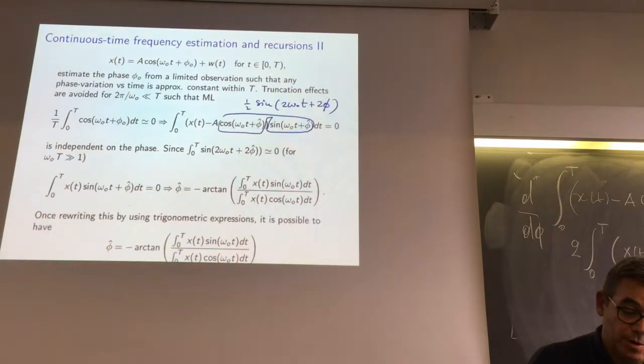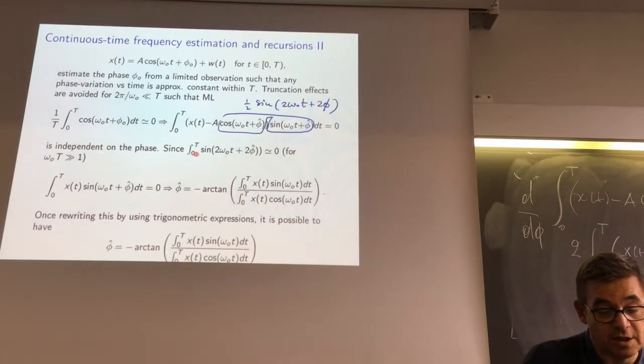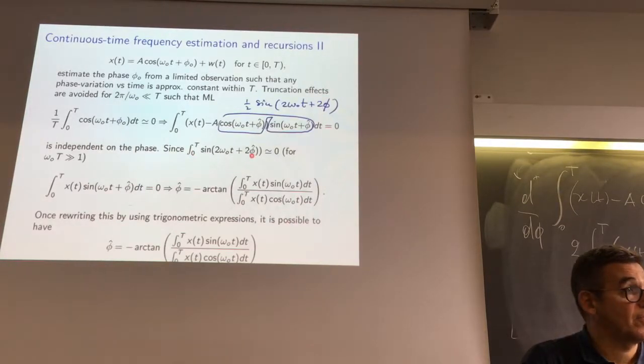So it comes out that I have x(t) multiplied by sine, which goes here, is equal to one half A sine of 2 times omega 0 t plus 2 phi. Now, it is the case that the integral of that is equal to 0.